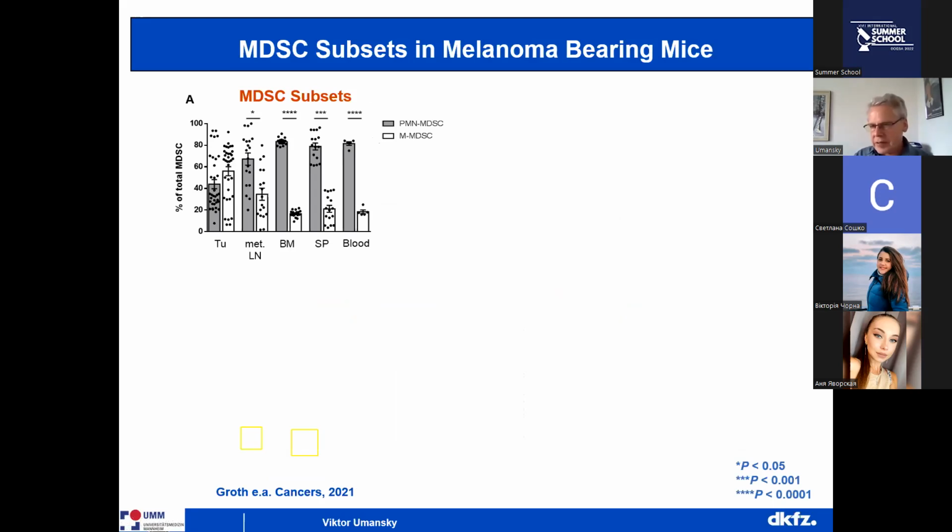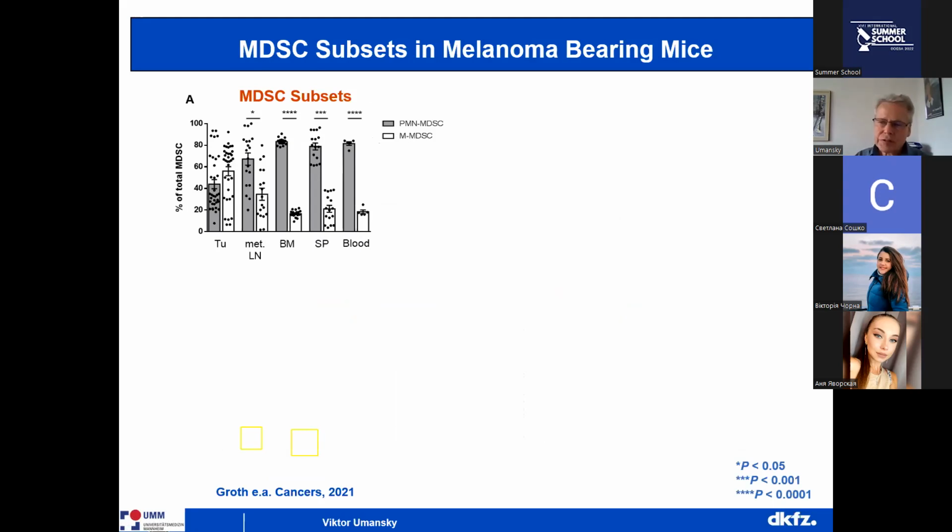Now, as I told, there are two subsets, polymorphonuclear MDSC, like neutrophil-like MDSC, and monocyte-like, monocytic MDSC. We wanted to know how they are distributed and found that actually in metastatic lymph node, there is a prevalence of polymorphonuclear MDSCs, also in the bone marrow, in spleen, and in the blood. The thing is that monocytic MDSC live longer, whereas PMN MDSC die very quickly.